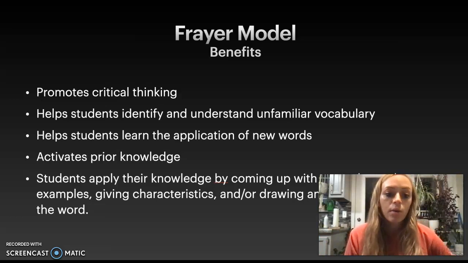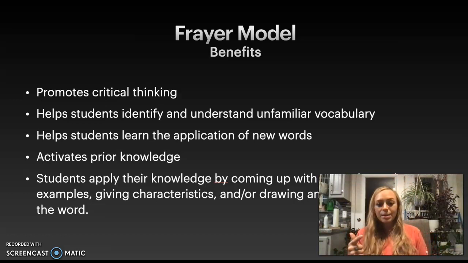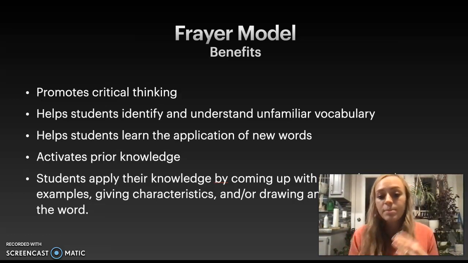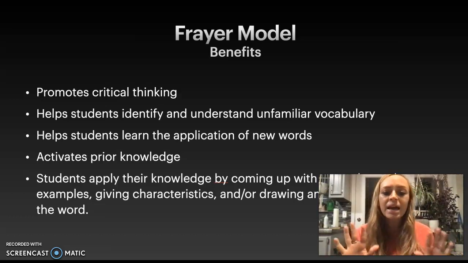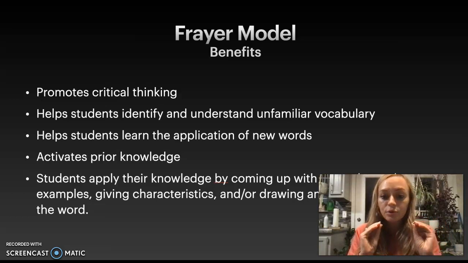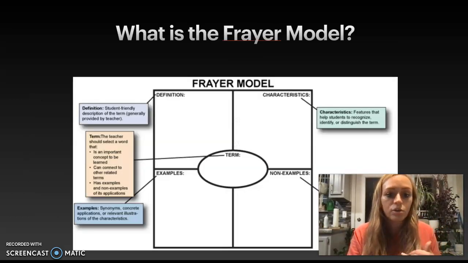It also helps students apply their knowledge by coming up with examples and non-examples, giving characteristics, and maybe even drawing an illustration to go with the word. The best part about the Frayer Model is that it can be altered, it can be changed to fit your students' needs and their levels as well. So let's take a look at that.